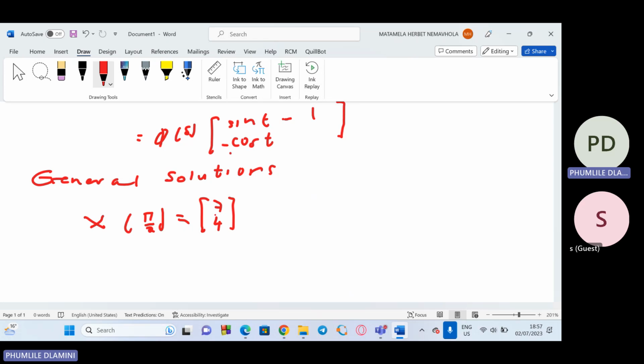When we know this one equals 7 over 4, then based on this matrix we have written, we can mention that this is the same as equal to 0, 0. I'm going to explain how you get that, plus 0 and 2, 1 and 3.